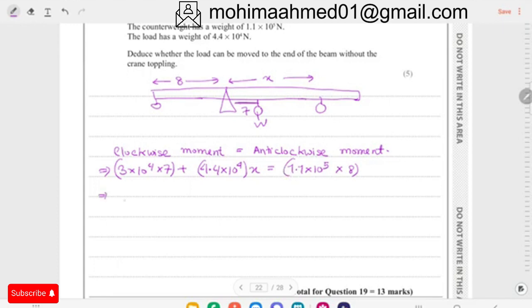So if you make x the subject, that is 1.1 into 10 to the power of 5 multiplied with 8, and then you subtract 3 into 10 to the power of 4 multiplied with 7, and divide by the weight of the load, 4.4 multiplied with 10 to the power 4. You can find the value of x, the maximum distance the load can be from the tower.